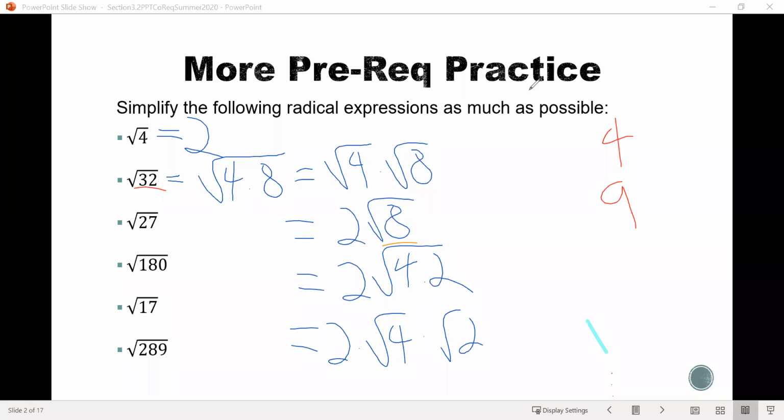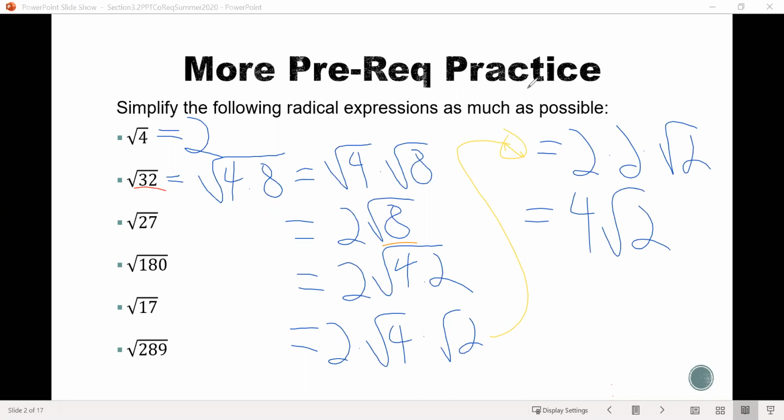Once we do that, this becomes 2 times 2 root 2, and 2 times 2 gives us 4 root 2, which is the same answer we had before. So, as you can see, if you don't get directly to the answer, that's okay. You can still get there in other ways.